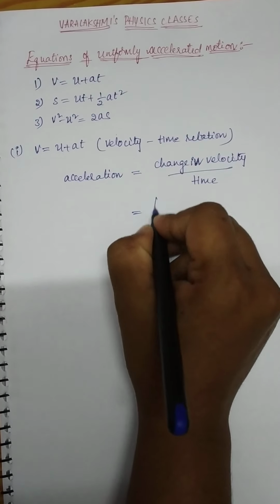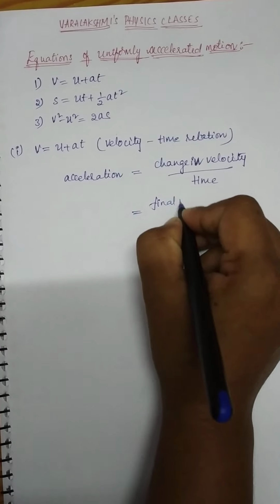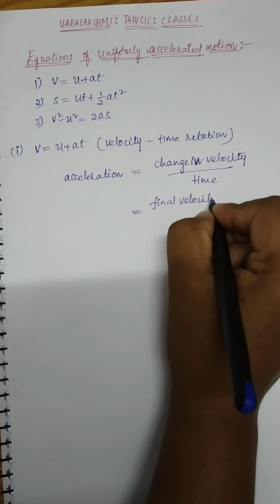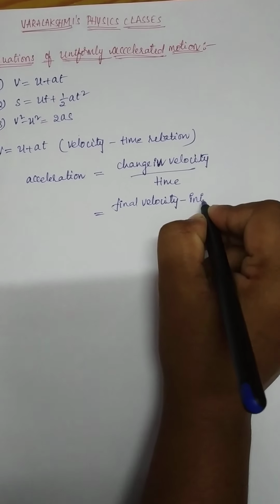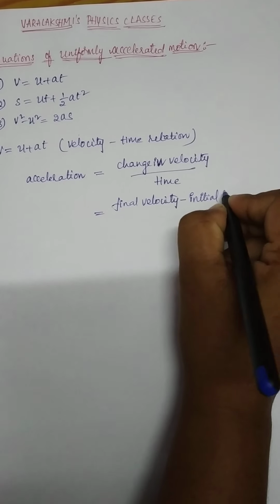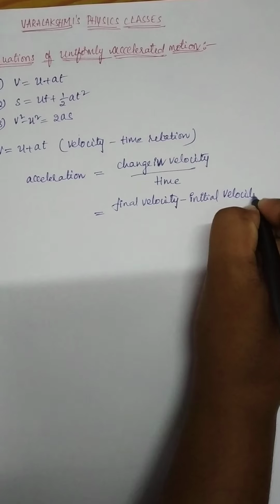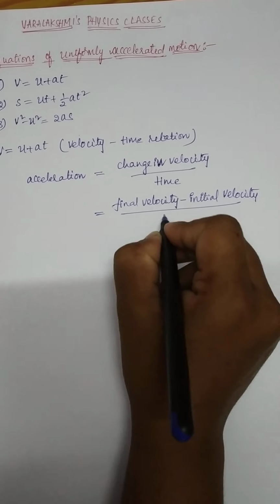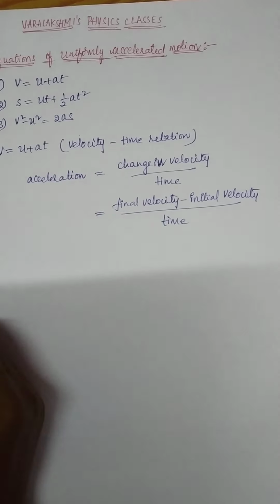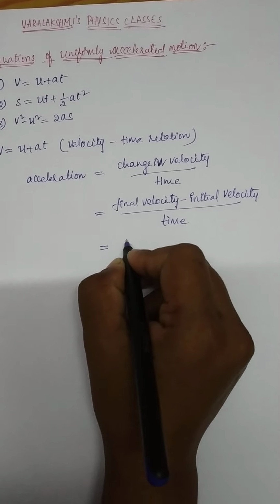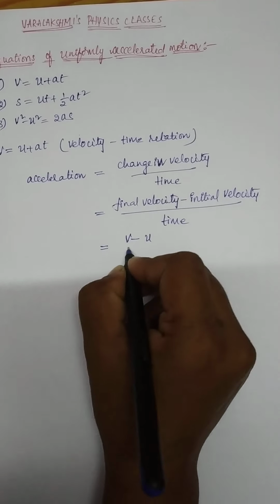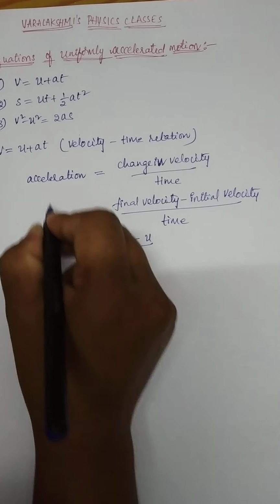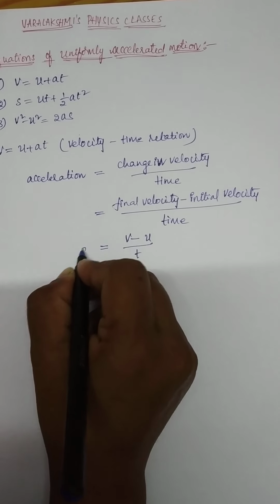Change in velocity, the formula for change in velocity is final velocity minus initial velocity, upon time. So here final velocity is denoted with v and initial velocity is denoted with u. Upon time is t. We know that acceleration is a.